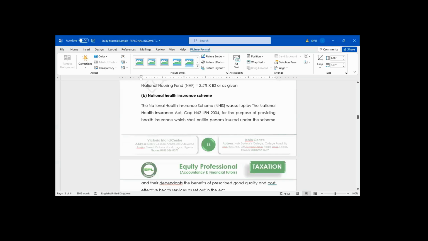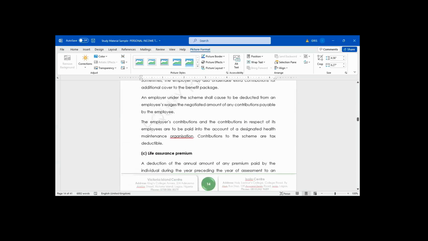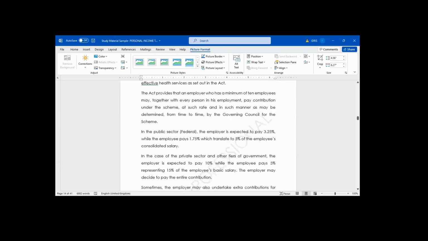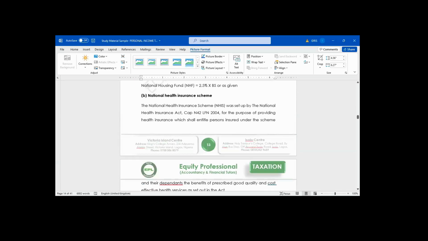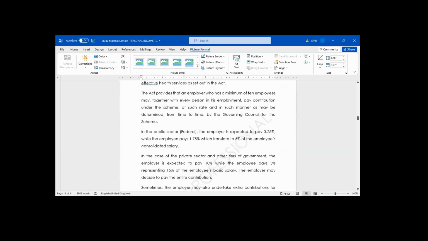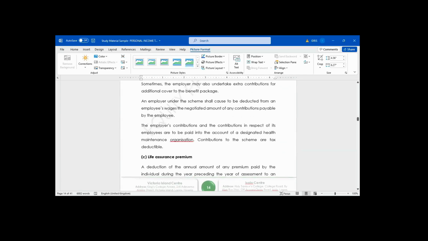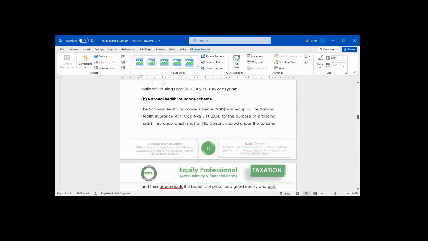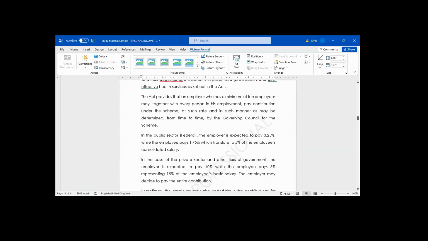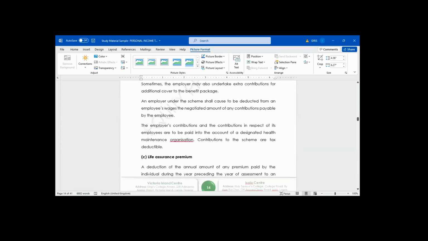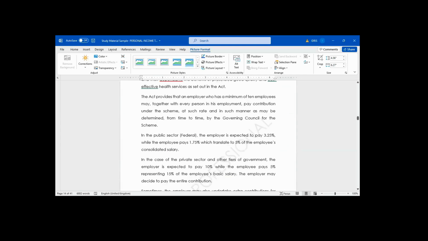The rate is 5% of basic salary. That is what the employer deducts from employee salary. So your National Health Insurance Scheme is 5% of basic salary.